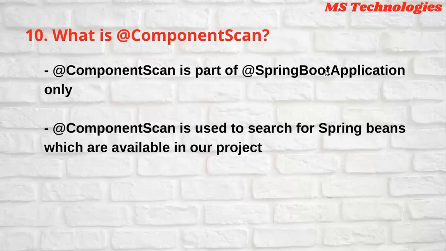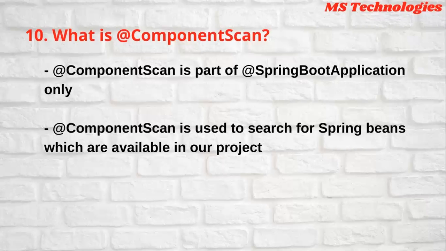This one annotation is equal to three annotations. One is @SpringBootConfiguration. That annotation represents the main class as a configuration class. The second one is @EnableAutoConfiguration.